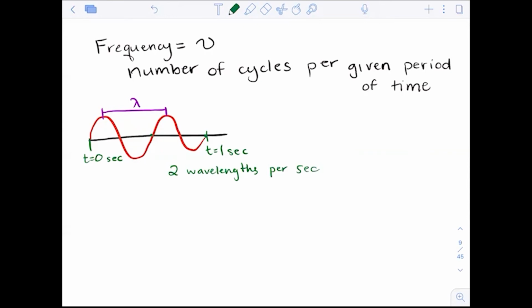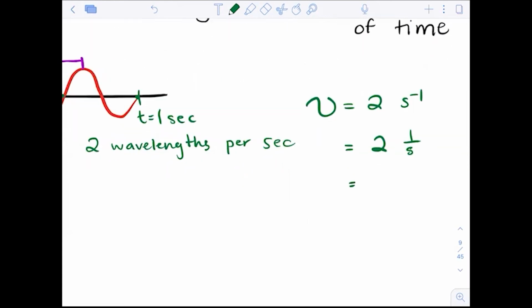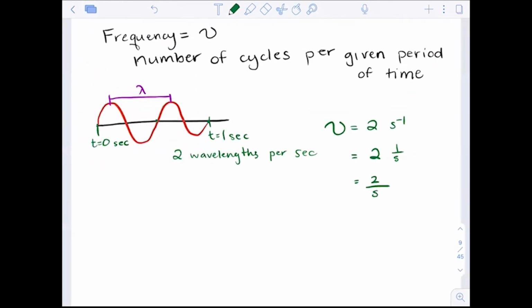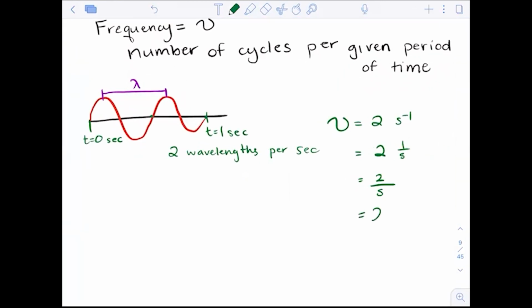So when we think about that per 1 second, that can be determined into a frequency. So frequency would be 2 per second, or seconds to the -1. You can write that a couple of different ways. 2 with a 1 over seconds. You can say 2 over seconds. Another unit is a hertz. 2 Hz. The hertz means literally per second, not the car rental place.